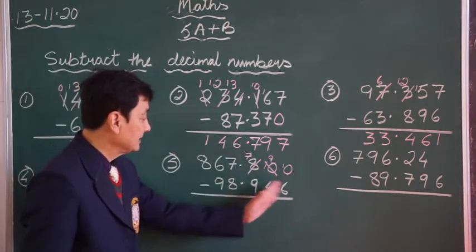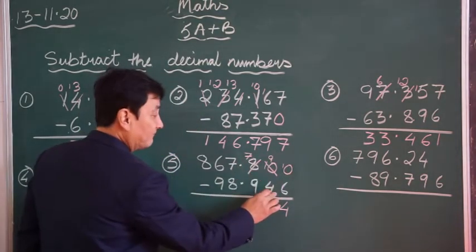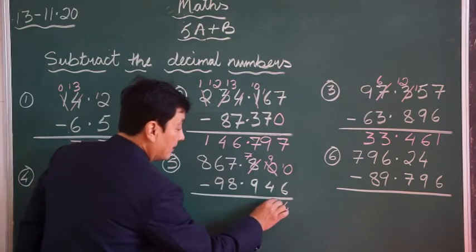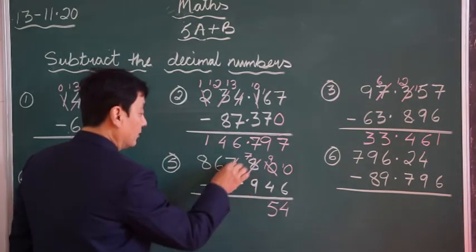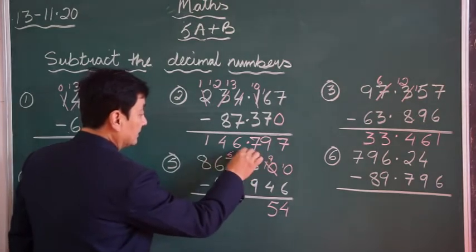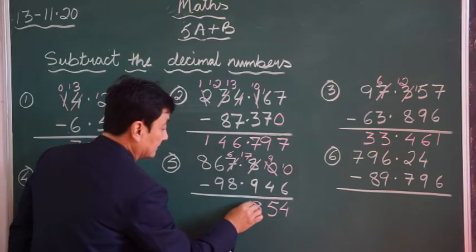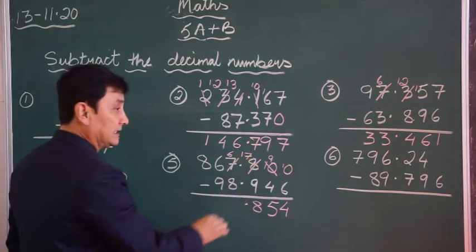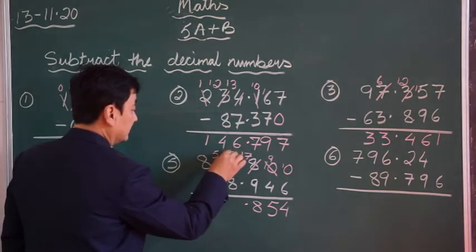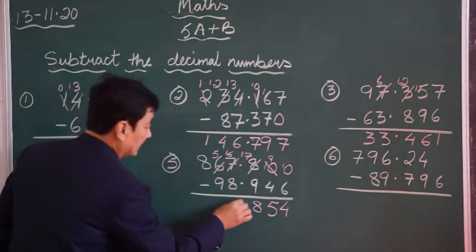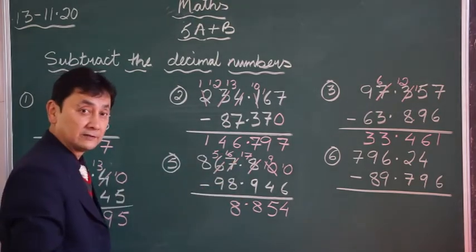Now, 10 minus 6, 4. 9 minus 4, 5. 7 minus 9, borrow. 17 minus 9, 8. 6 minus 8, borrow. 16 minus 8, 8. 5 minus 9, can we subtract?